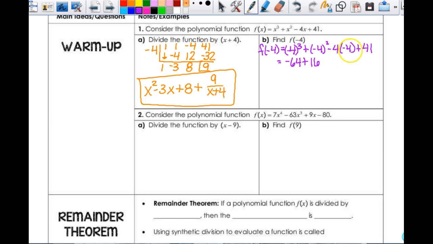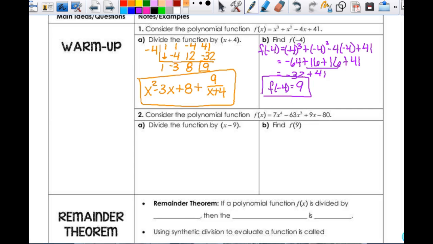And then -4 times -4 is a positive 16, right? And then plus 41. So when I go to combine that, what's 16 and 16? 32. So 32 and a -64 gives me what? -32, and then plus 41, right? So f of -4 is equal to what? 9.